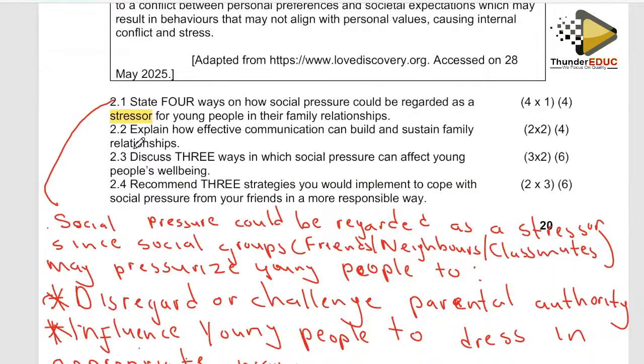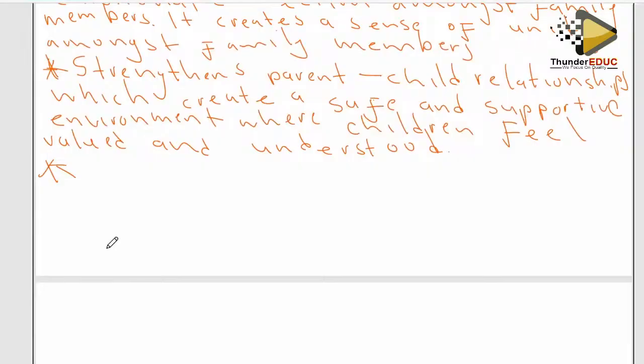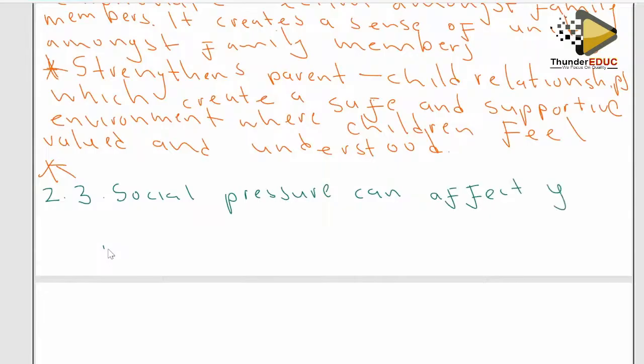So social pressure, that is 2.3, can affect young people's well-being in the following ways.